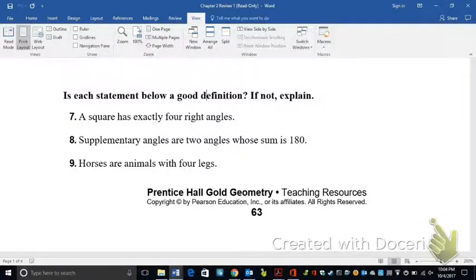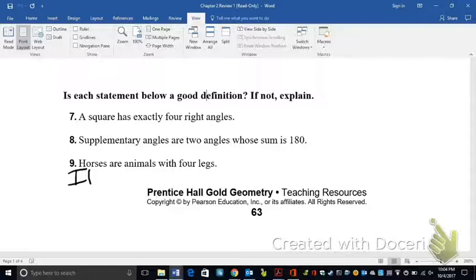So, on to number 9. So, horses are animals with 4 legs. That's true. If an animal's a horse, then it has 4 legs. Okay? Now clearly there are examples of 3-legged horses and such, but they're pretty rare, and in general, a horse has 4 legs.